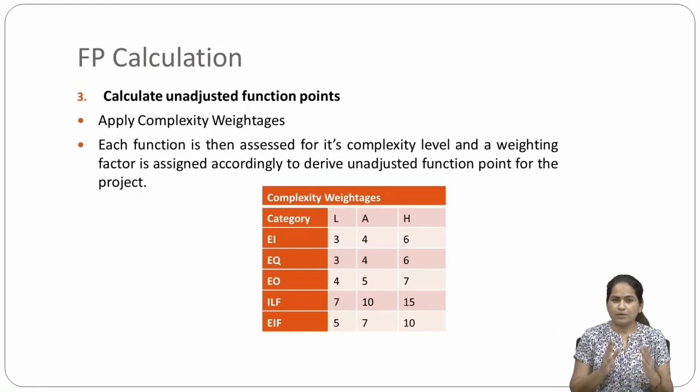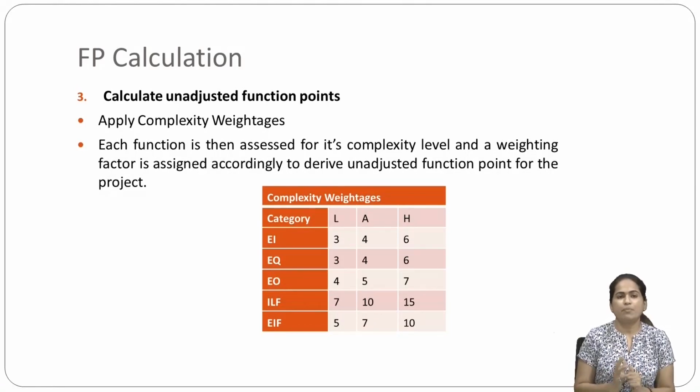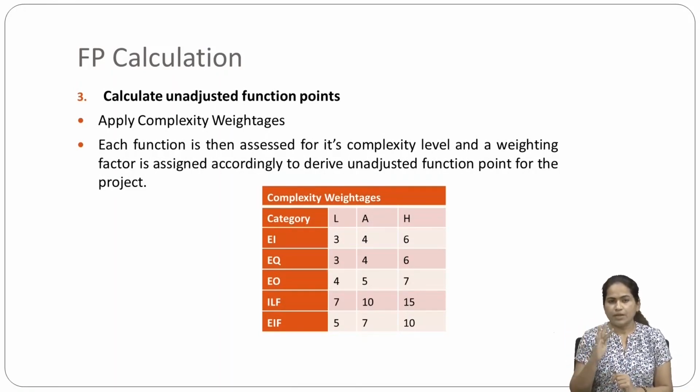When we are trying to find this, we have to apply the complexity weightages based on category. Each function is assessed for its complexity level and a weighting factor is assigned, according to which we derive the unadjusted function point for the project.